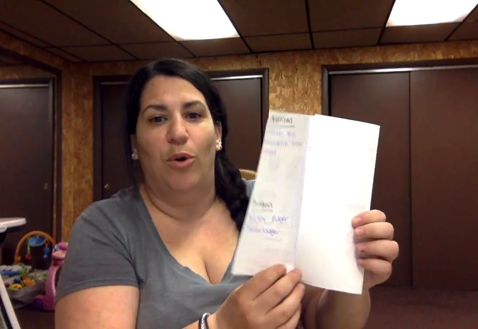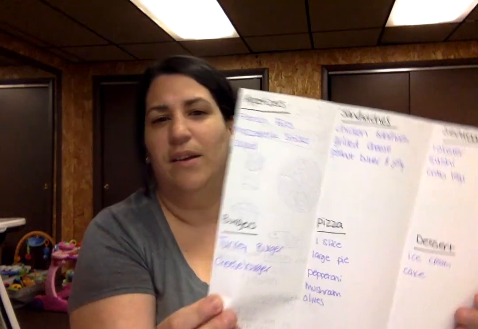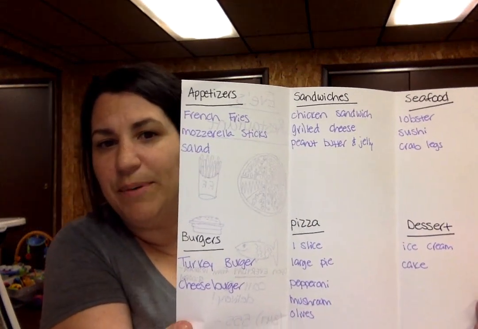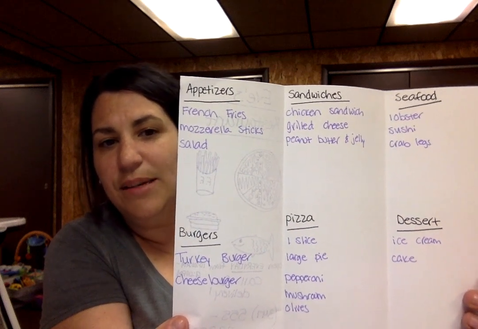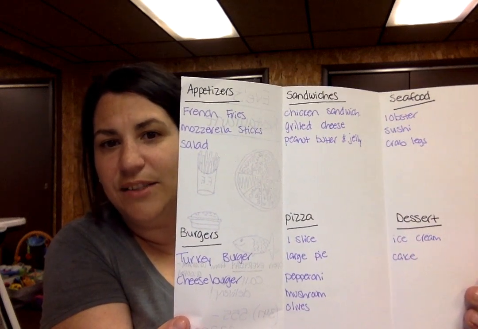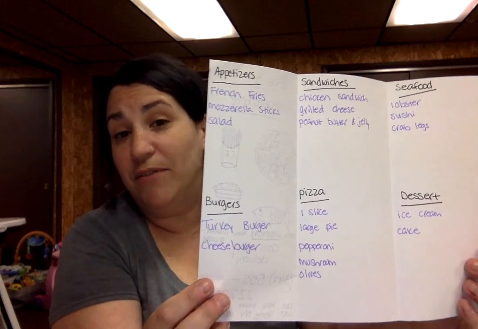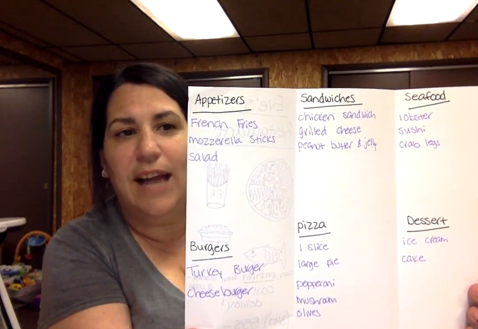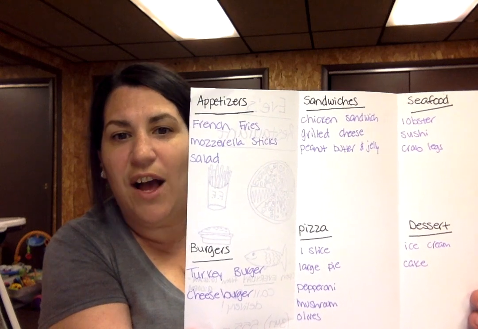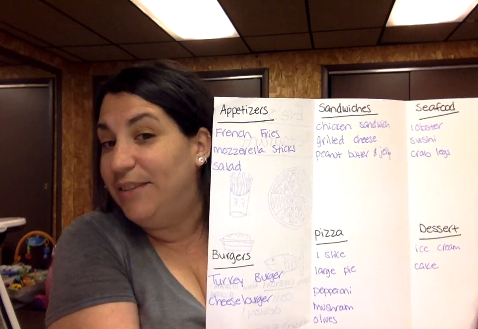Okay, so when you open up my menu, I made a couple of categories. If you guys can see it, I broke it up into appetizers, burgers, sandwiches, pizza, seafood, and dessert. Because those are some of my favorite foods, and that's what I want to serve at my restaurant. So some examples are, in appetizers, I said French fries, mozzarella sticks, or a salad.